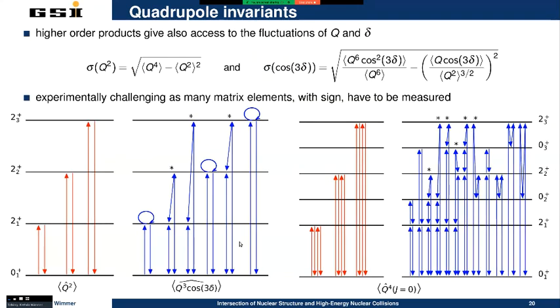But what is then even more interesting is to look at higher order of these invariants, which gives access to fluctuations of Q and of delta. So this is what we had before, just the 2 loops and then the 3 loops. And then if you want to access the fluctuations, the variances of Q, then you have to make all possible loops involving 4 transitions.